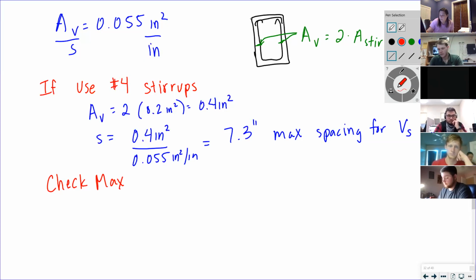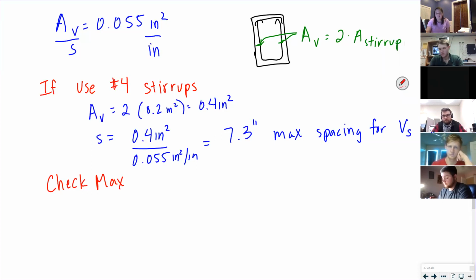Would that be throughout the entire beam? That is a very good question. For the beams at work, we almost always have the spacing at the ends at 3 inches on center, then some at 6, and in the middle usually 10 or 12 inches on center. That's where we're going after this. You can reduce how much you need because you don't need as much.